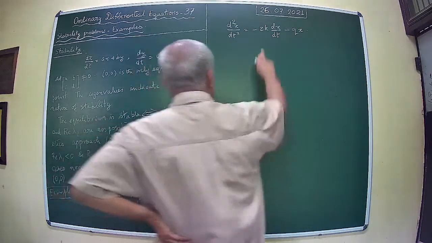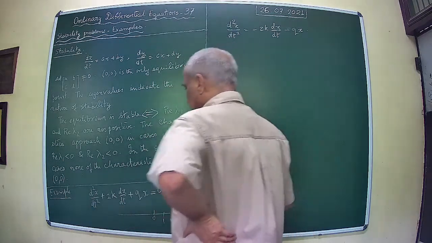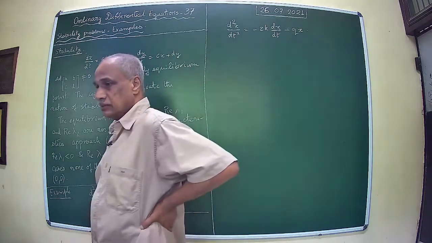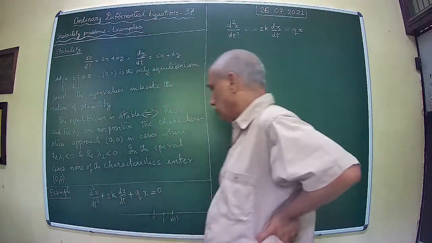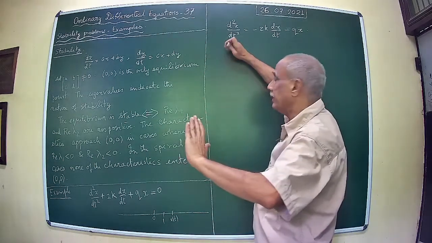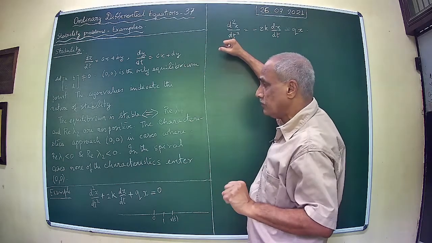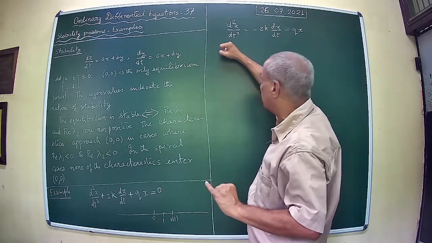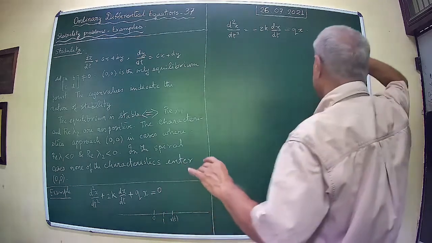Now suppose k is 0, then we have seen the dynamics of the problem. See what this says: the rate of change of momentum is proportional to the impressed force, and we assume the constant of proportionality is 1.